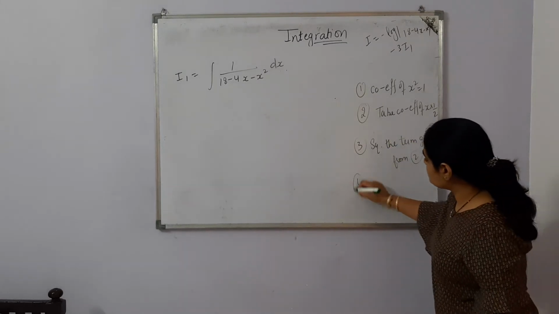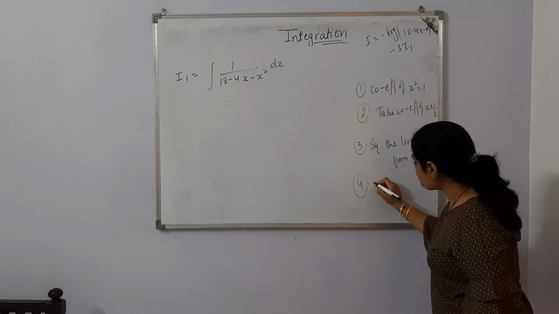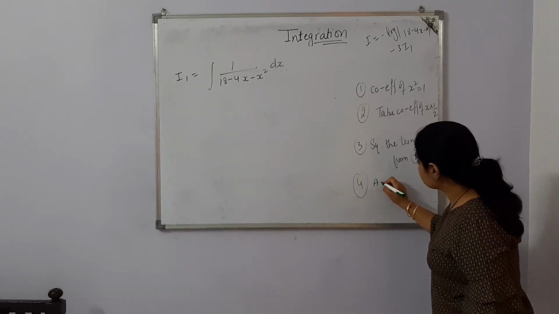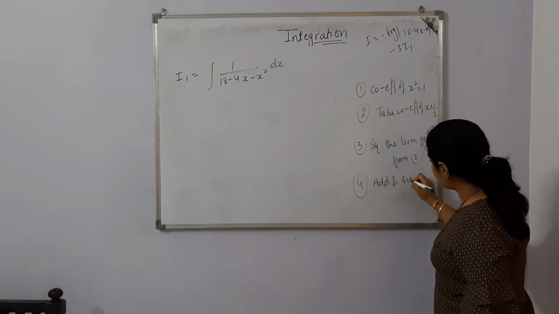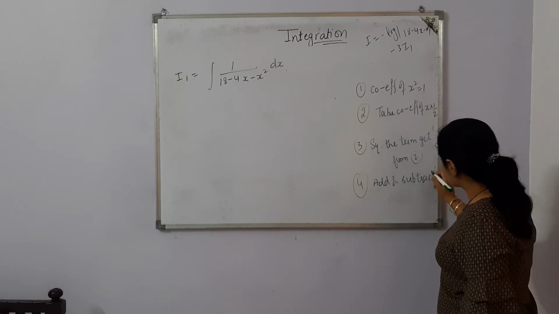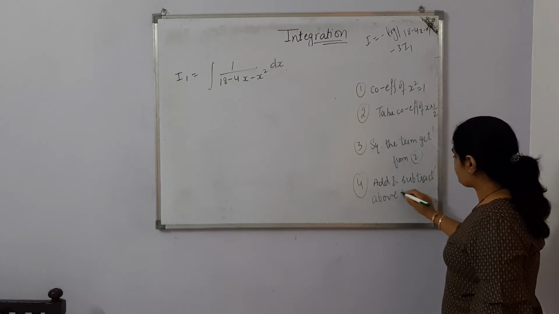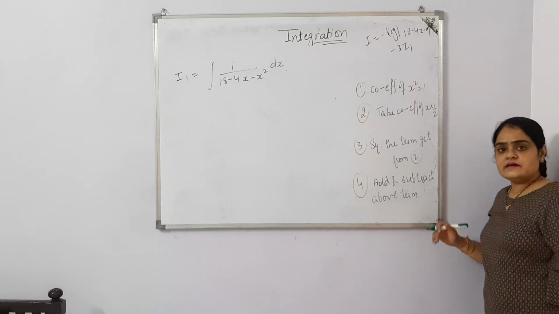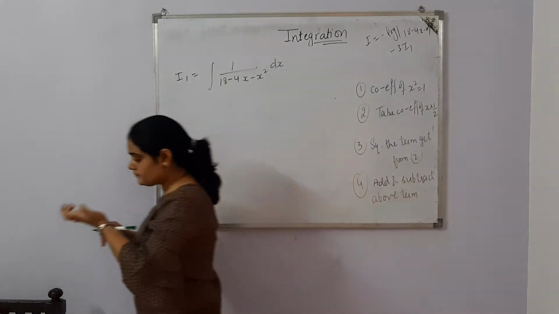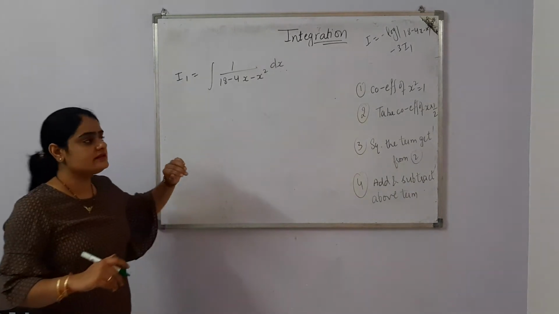After doing the scaling, we'll add and subtract the above term. So these are the 4 particular steps to complete the square.